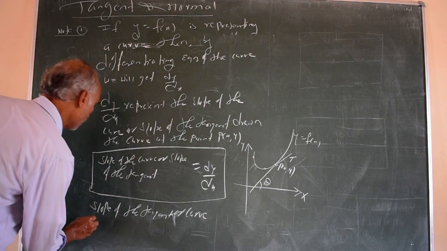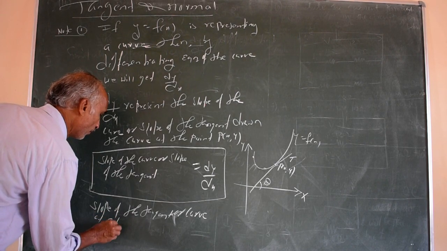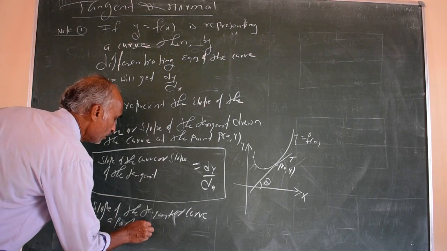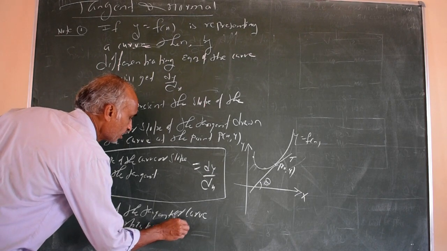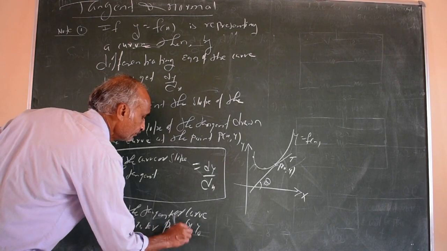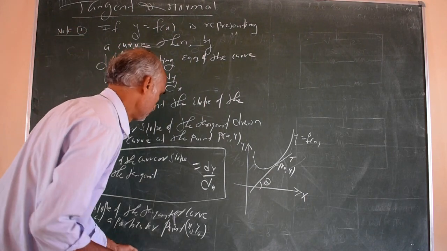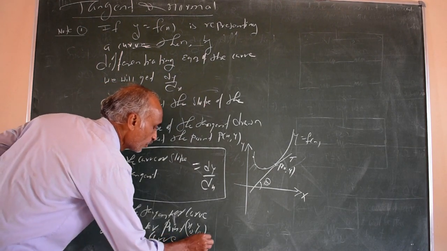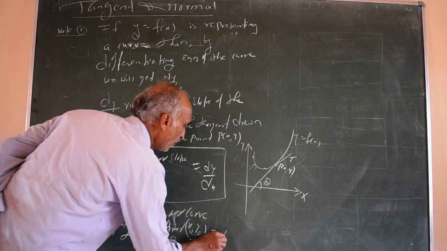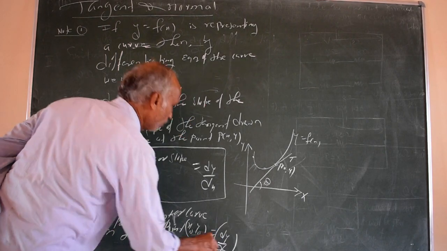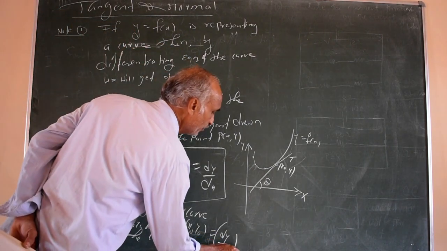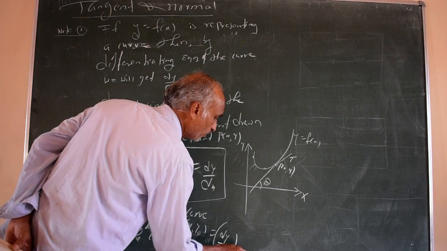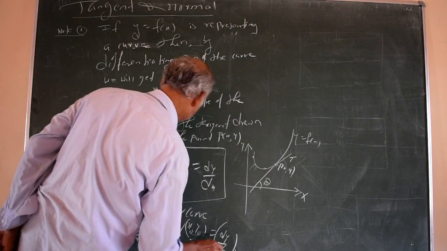Slope of the tangent or curve at a particular point x0, y0 on the curve is equal to dy by dx. For that, x value is to be taken as x0, y value is to be taken as y0. x equals x0, y equals y0.